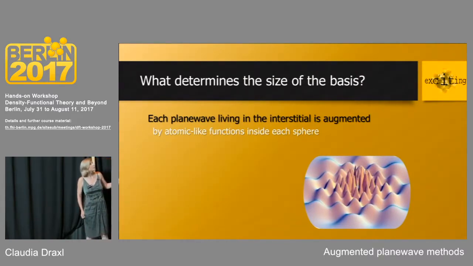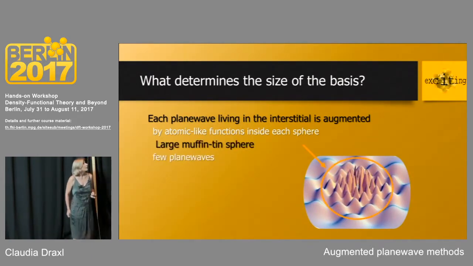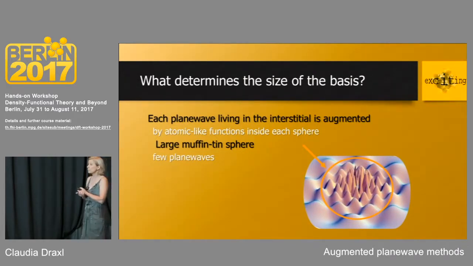So what we do here, each plane wave coming in from the interstitial is augmented in the atomic sphere by these atomic solutions. You may then ask the question, what determines the size of the basis? Because if you think about LMTO, the basis size is determined just by the atomic orbitals that you use for the solution.